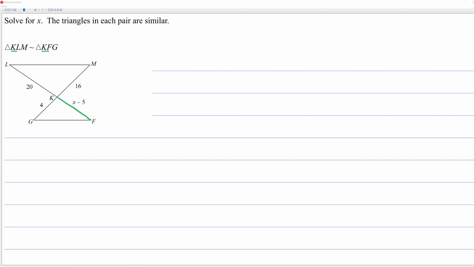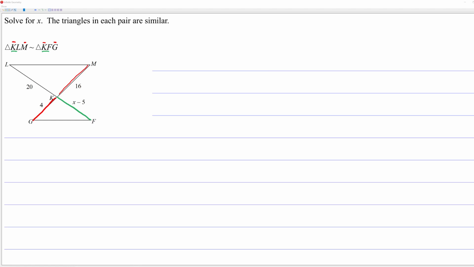Now, you could finish this up pretty quickly, but just to go through the method again, side KJ, now we know it has to correspond to 16, that's the only thing that's left, but again, just pretend the problem's a little bit harder than this. Side KG, that's the first and the last letter, has to correspond to the first and last letter, KM. So that is the correspondence.